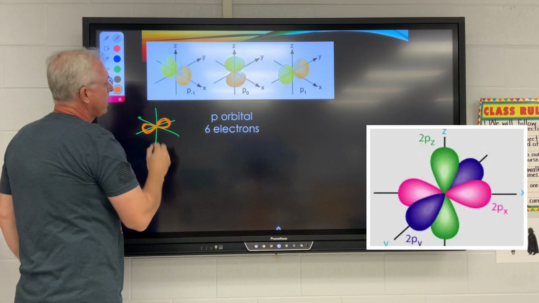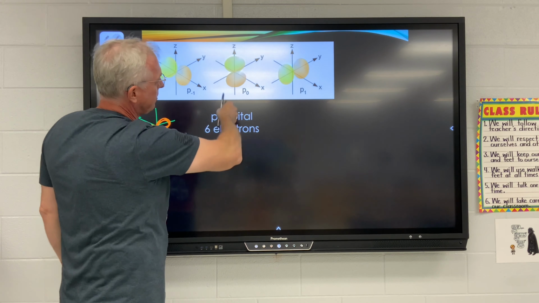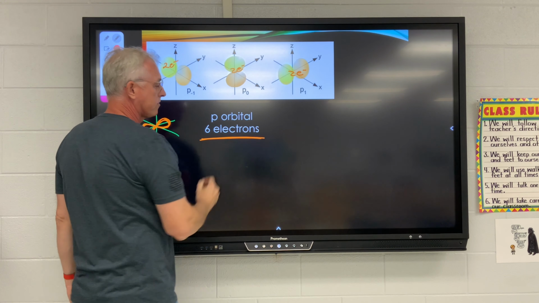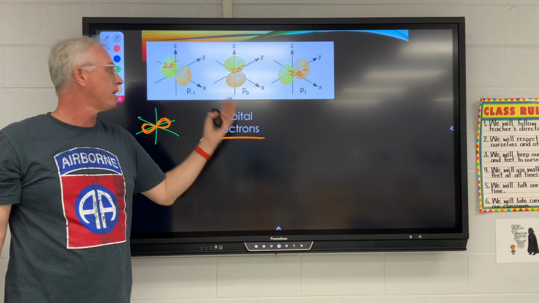So you've got a p on the x-axis, a p on the z-axis, and a p on the y-axis. And each one of these can hold 2 electrons, which makes the p orbital able to hold a total of 6 electrons. Each of these represents a subshell of the p orbital.